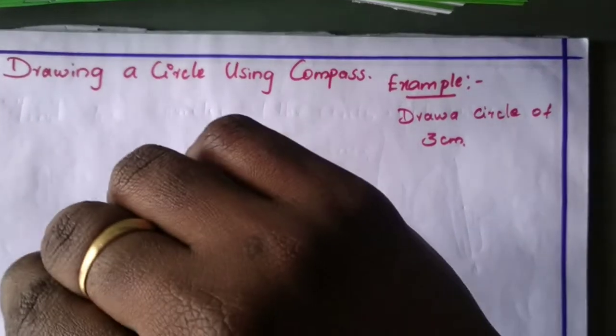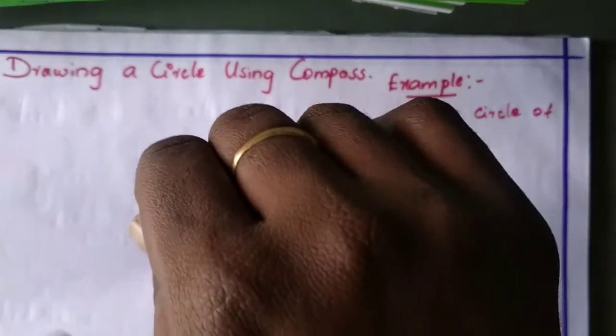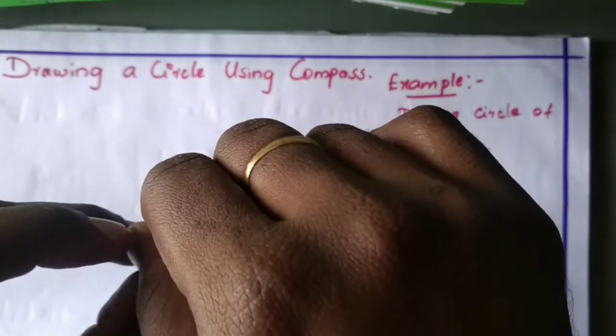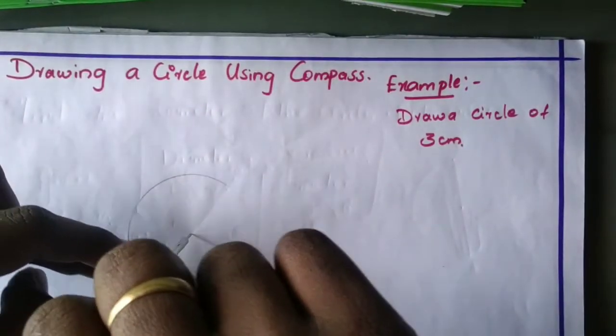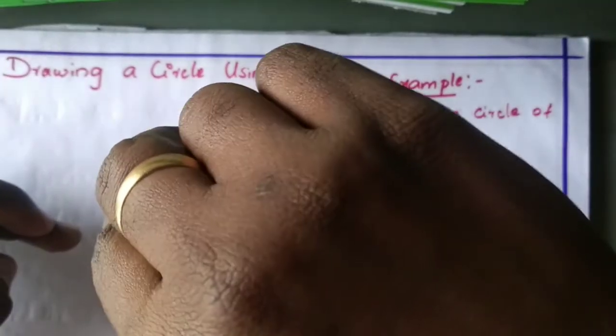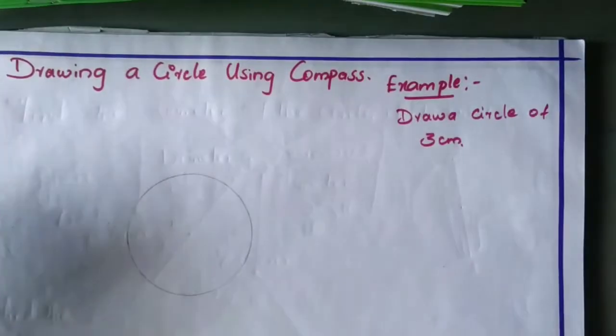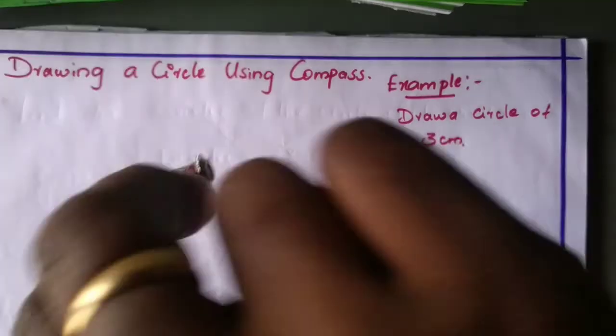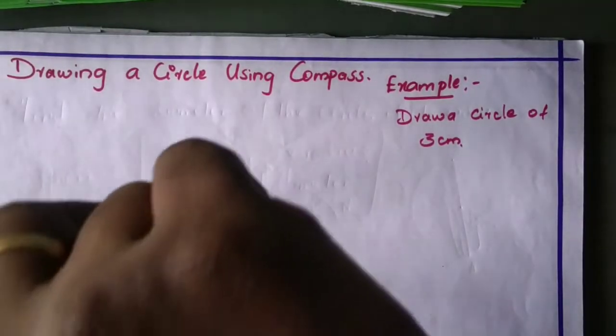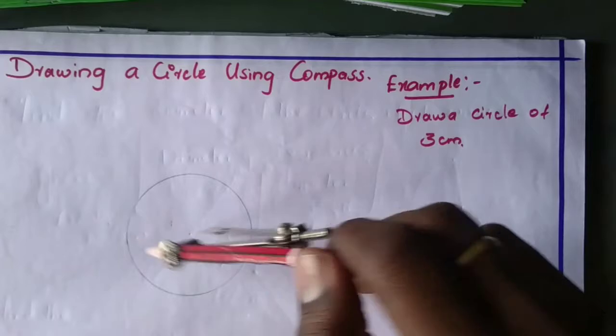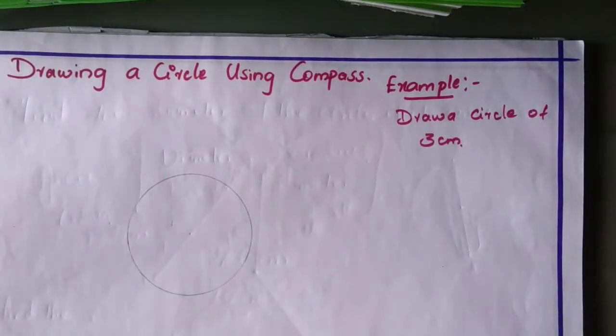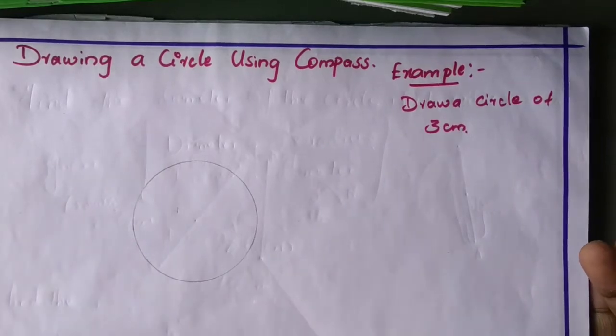Now draw a circle. Keep the center as it is and rotate this. Don't overdraw, just draw once. That's enough. Now the circle is ready.